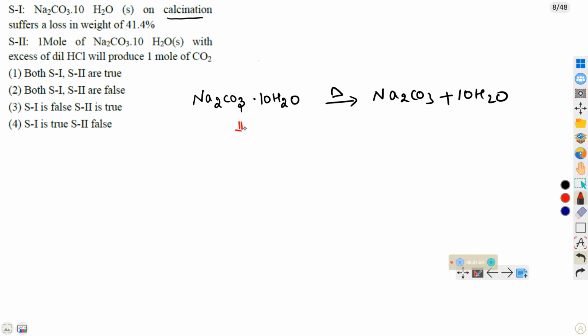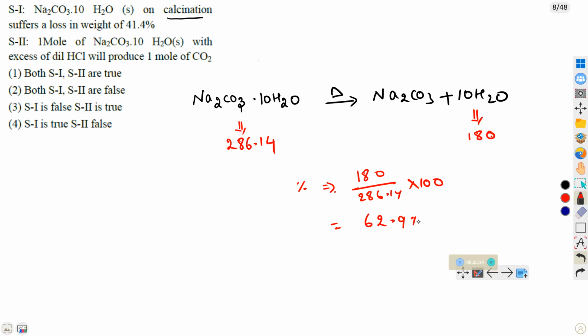Na2CO3.10H2O molecular weight is 286.14. 10H2O molecular weight is 180 grams. So calculate the percentage of water it loses: 180 by 286.14 into 100, that is equal to 62.9%. But here 41.4% is given. So statement 1 is wrong.